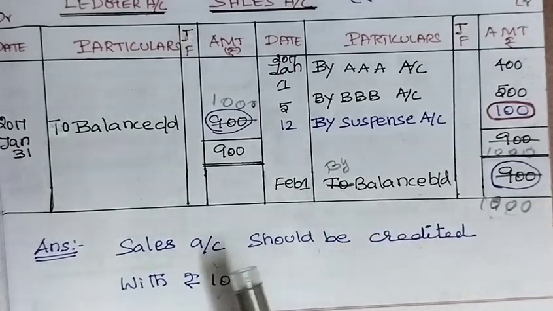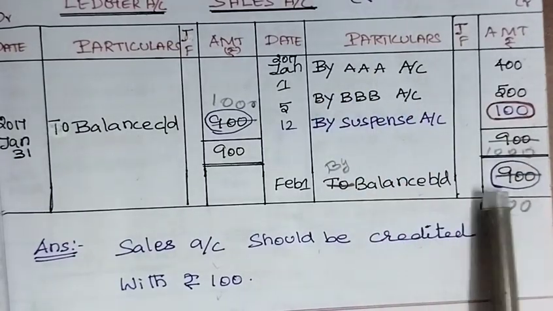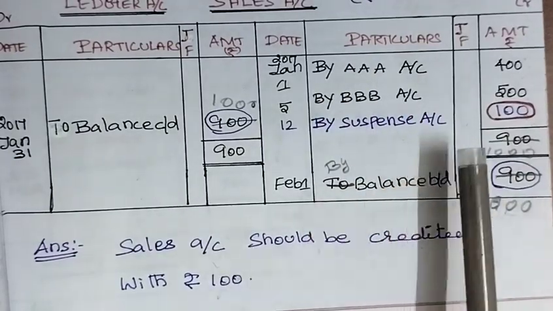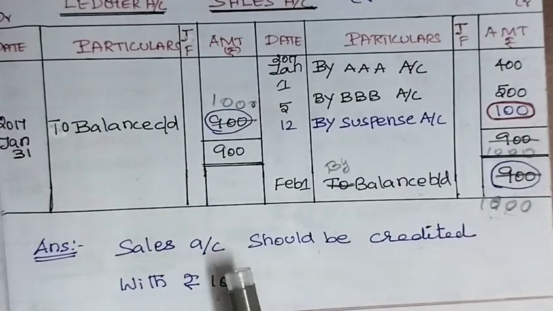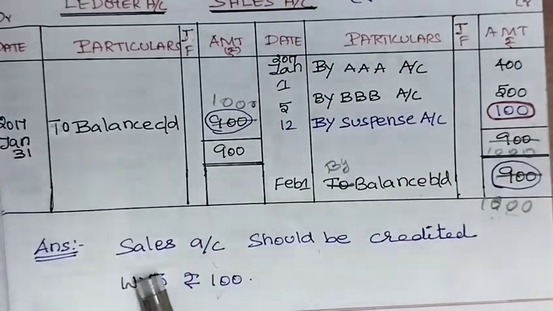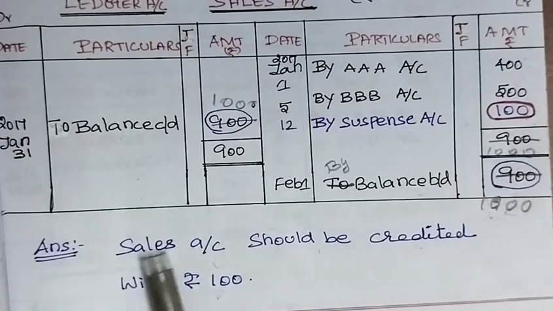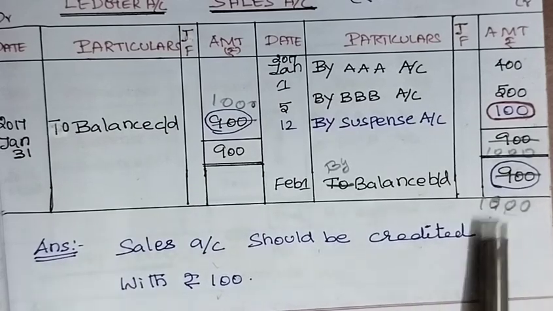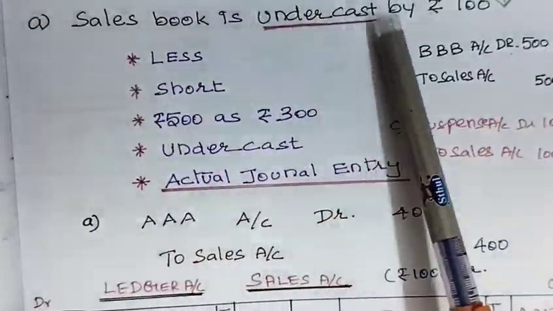Where is the sales account? Sales account should be credited. Okay, on the credit side we added 100 rupees here. We rectified this error. So this is the answer. You have to write: sales account should be credited with 100 rupees, which is enough. This statement is enough for this question. Which question? Sales book is under cost by 100 rupees.